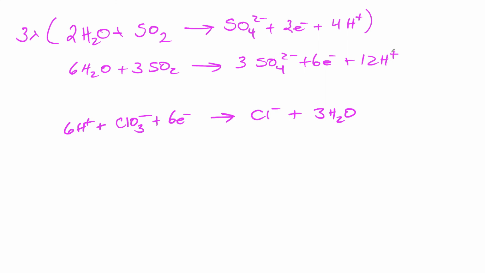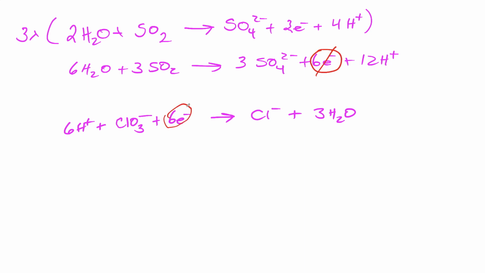Now I'm going to change the pen to a different color, red. As we come up here, if I have the same molecule on each side of the arrow, I can cross it off. Well, look, 6 electrons on the left, 6 electrons on the right.